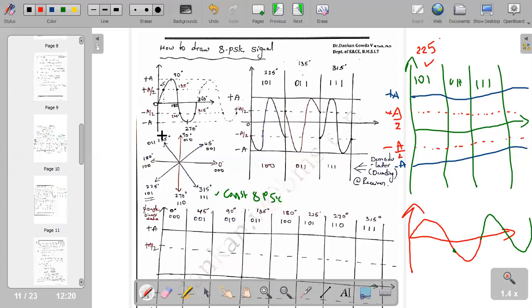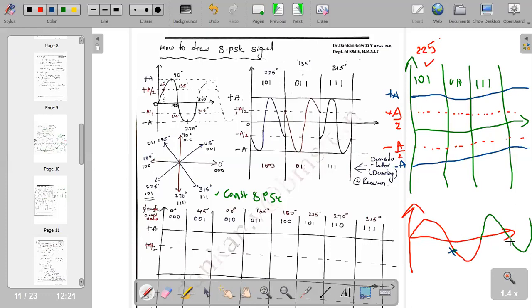So now observe here, where the angle 225 is at this point, from here till the next 225. Now write the phase waveform. Start from this point 225 to the next 225. Where does the next 225 come? At this point.